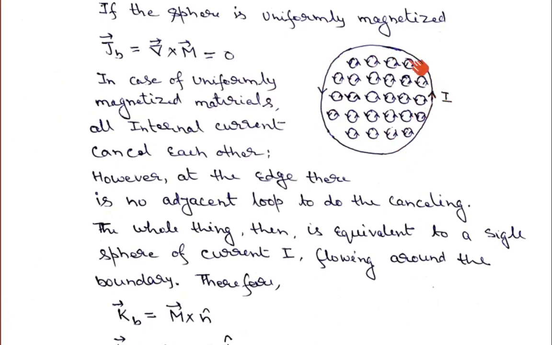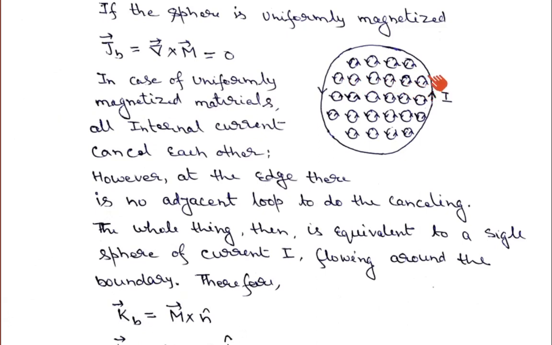In the sphere there is some current circulating around each and every atom. Because this material is uniformly magnetized, the magnitude of the currents is equal but the direction is opposite. So this current will cancel this current, and likewise for the other neighboring loops.